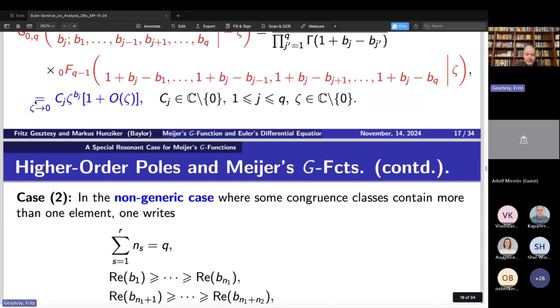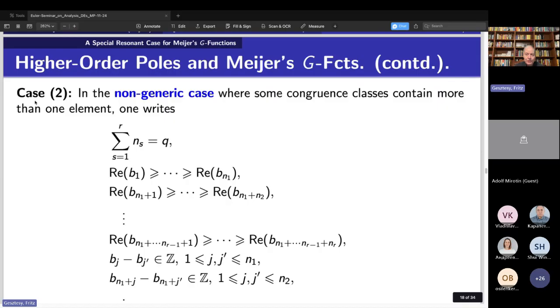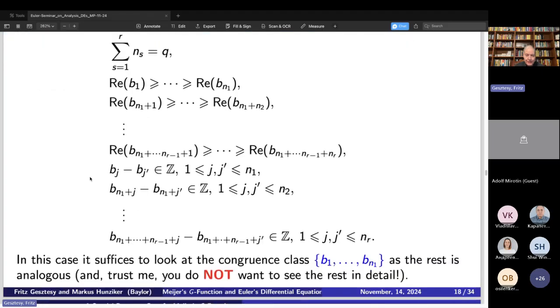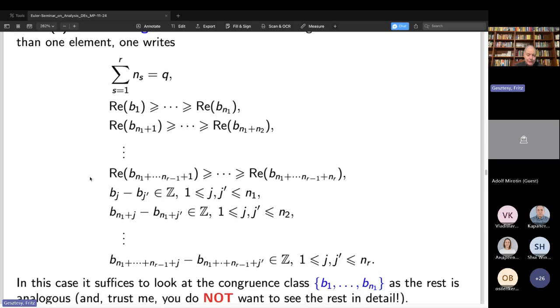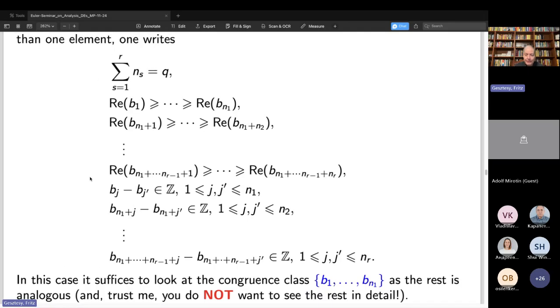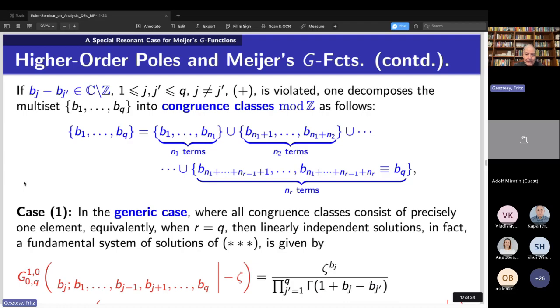But in the non-generic case, what you do next is you order the b's according to the real part with these inequalities. So in each of the congruence classes, you make an ordering. And if you do that, so this looks a little messy, I'm sorry, but it can't be helped. So what we're going to do is we're going to look at just one of the congruence classes, the first one. So let me go back quickly, and this would be this congruence class.